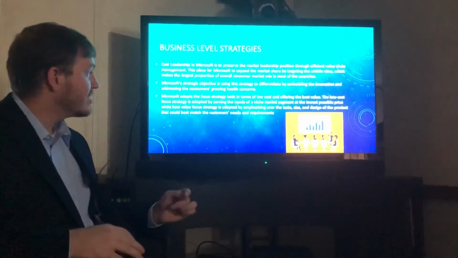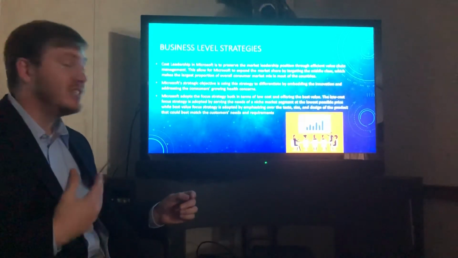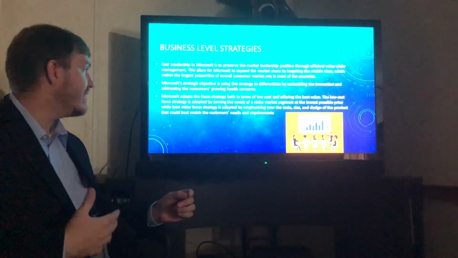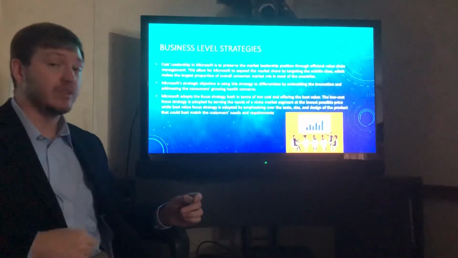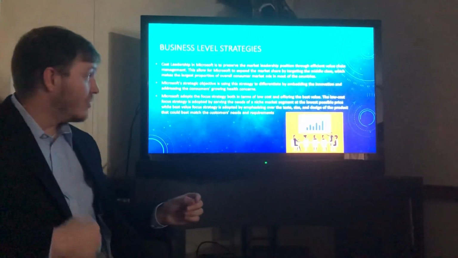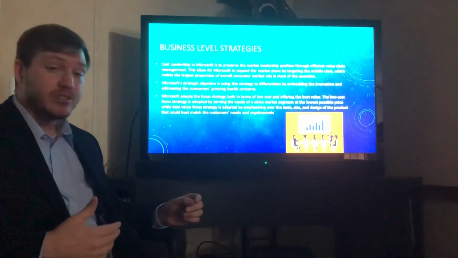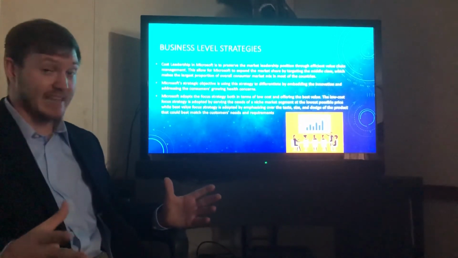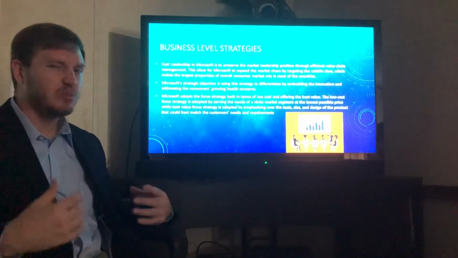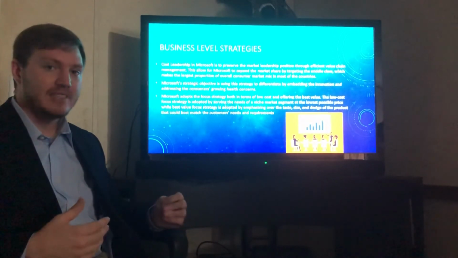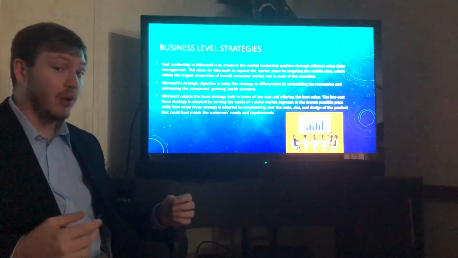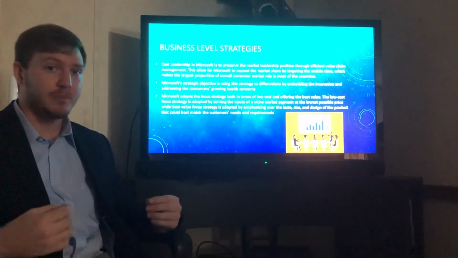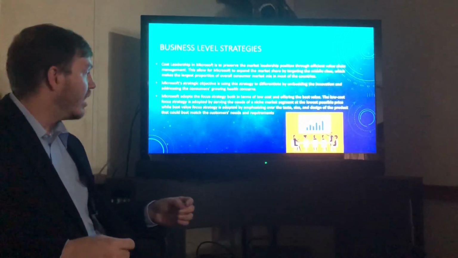Microsoft's strategic objective is using this strategy to differentiate by embedding innovation and addressing consumers' growth and health concerns. With the growing health concerns today, especially with COVID-19 being such a pandemic, it really speaks to people that Microsoft is concerned about people's health because there have been such big issues with health lately.